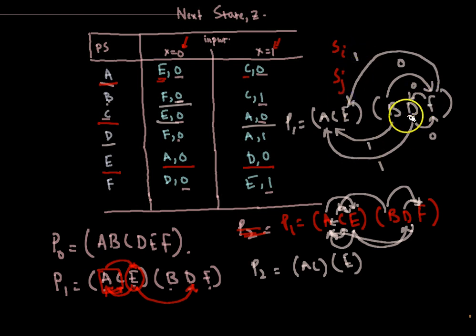For 0 they are going to the same set, for 1 they are going to the other partition. So we are going to keep them in the same set here.